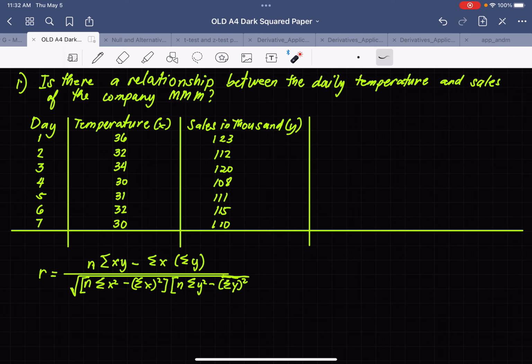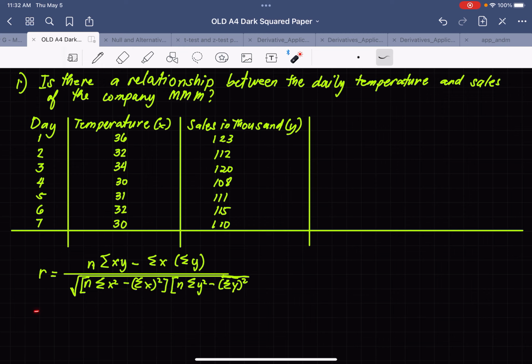Day 4, 30 degrees Celsius and the sales is 108. Day 5, 31 degrees Celsius and the sales is 111,000. Day 6, the degree Celsius is 32 and the sales in thousands is 115. Day 7, the temperature is 30 degrees Celsius and the sales is 110,000. So we're going to determine if there is a relationship between these two variables.